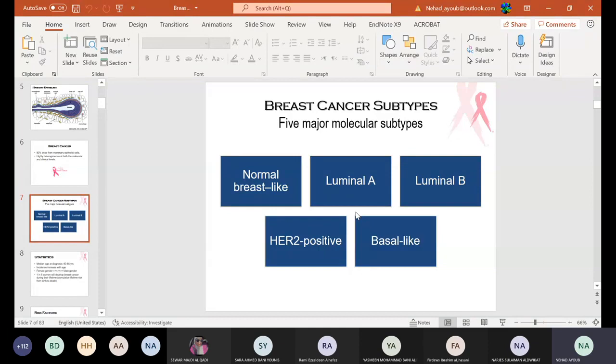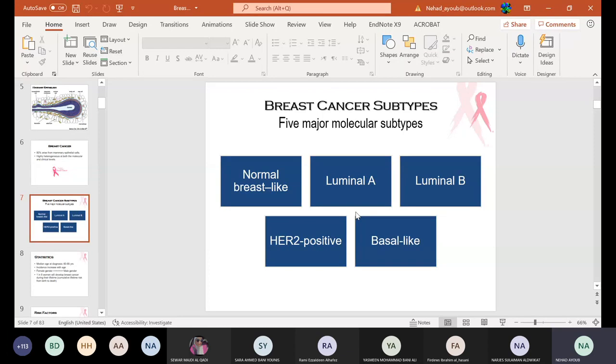Basal-like tumors are about 10 to 15% of breast cancer patients. Basal-like tumors, by definition, are triple negative. What does that mean? Expression of ER is negative, expression of progesterone receptor is negative, and HER2 is negative. These are very aggressive tumors.